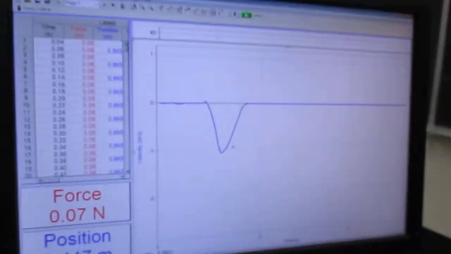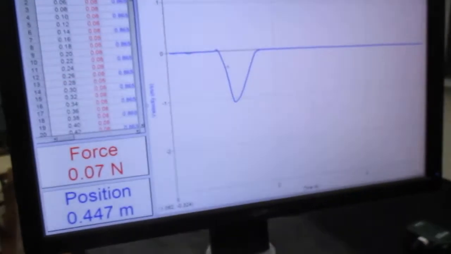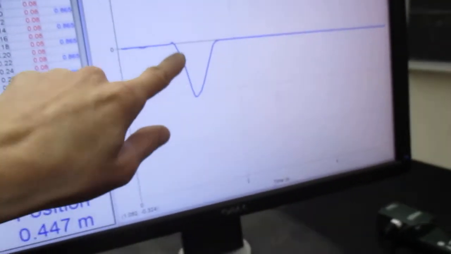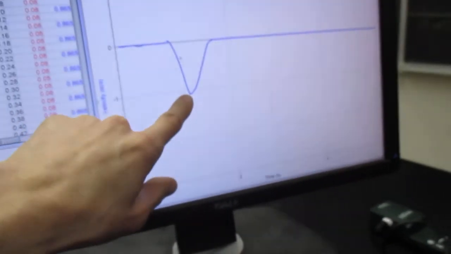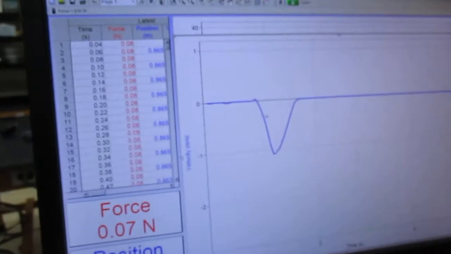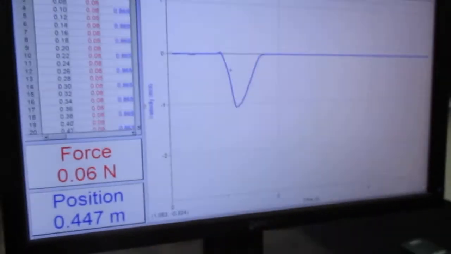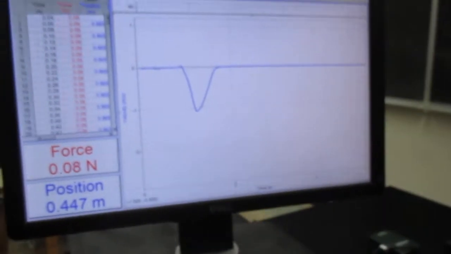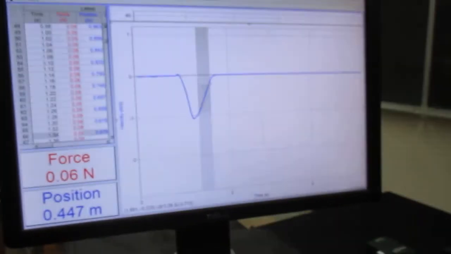Okay, so what we have here, this is the portion of the graph where I pushed it. We don't want that data. We want the data after my hand let go of the box and it's slowing down. So that's this portion. Notice we have a velocity time graph, and we're trying to find acceleration. That's the slope of our velocity time graph.